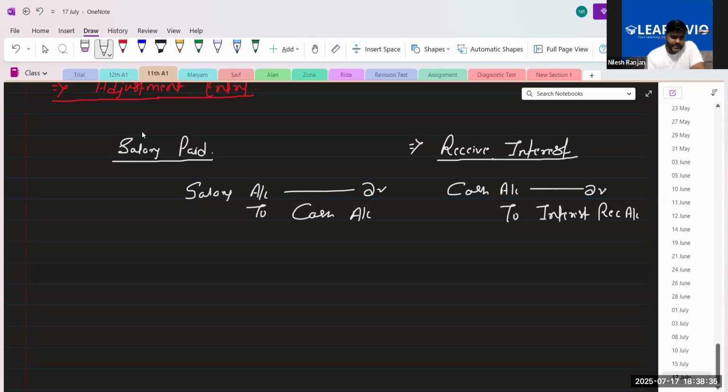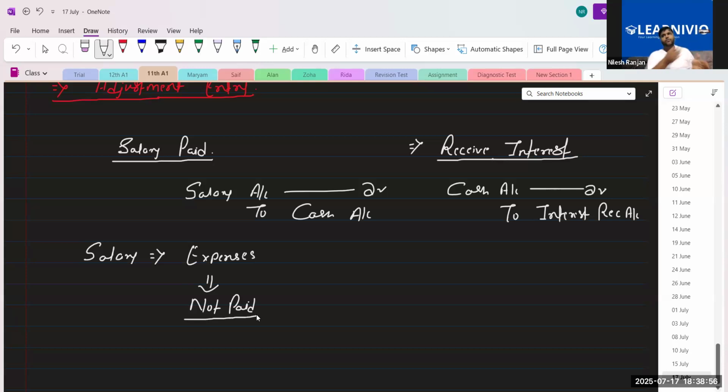Okay. Now, tell me, if salary is not paid, salary is an expense. It means the employee worked for a month.